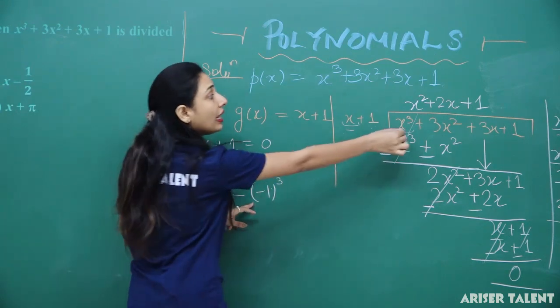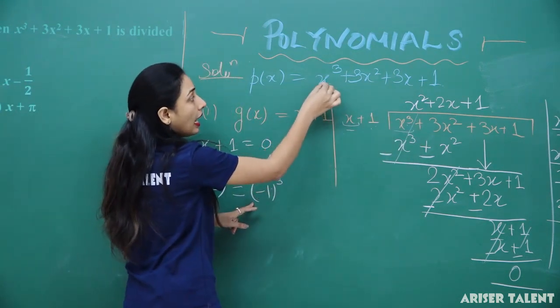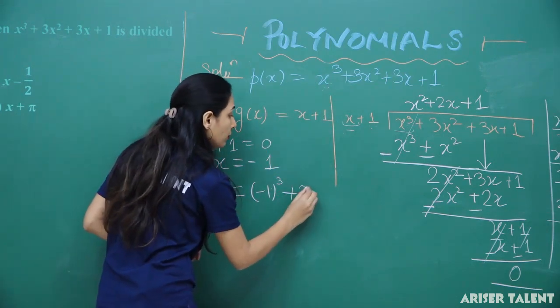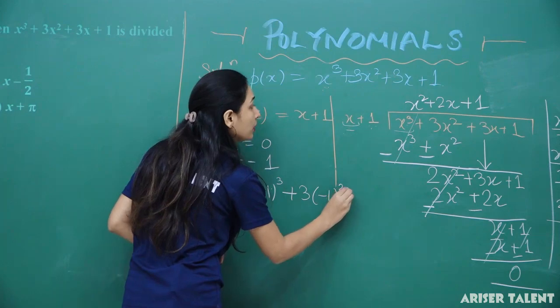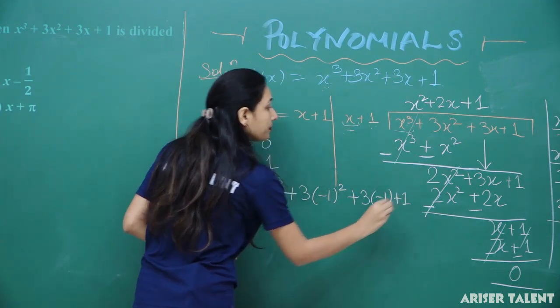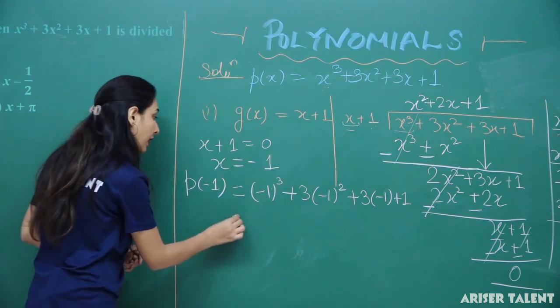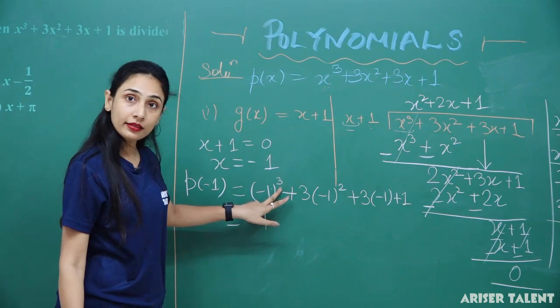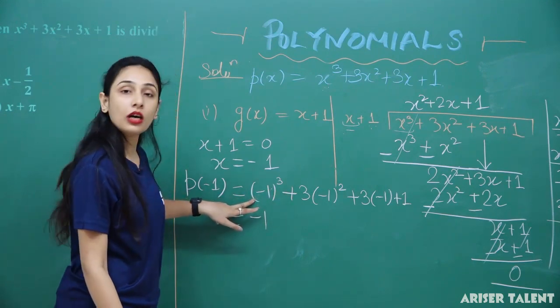I am just putting the value of x equals minus 1. So 3 multiplied by (minus 1) square plus 3 multiplied by minus 1 plus 1. That will be minus 1 because it's a cube, so odd powers will give you a minus sign.